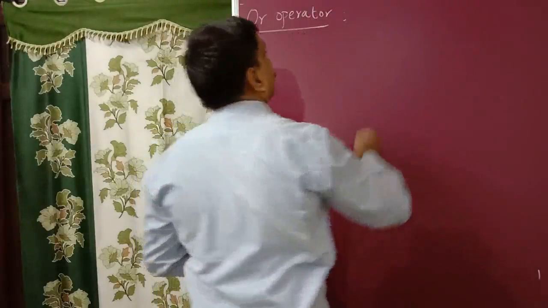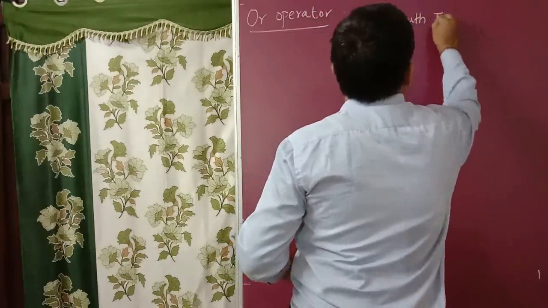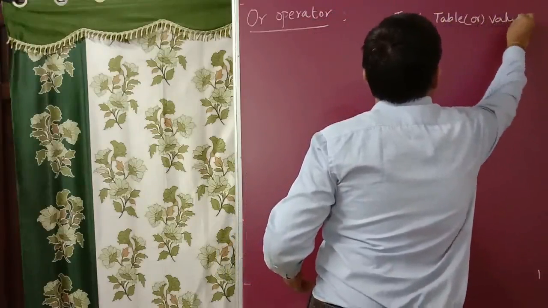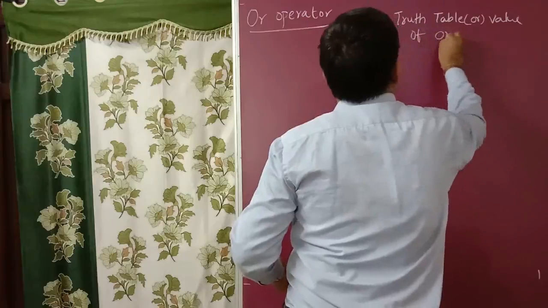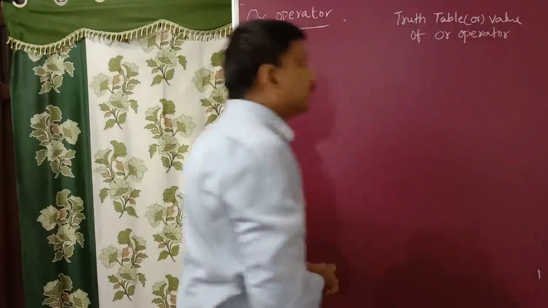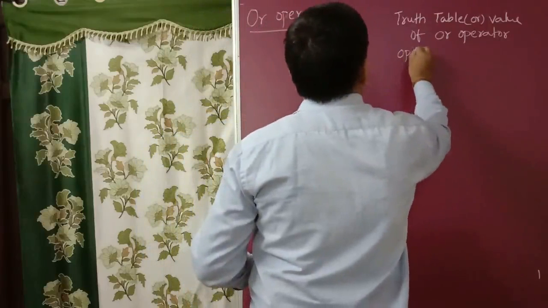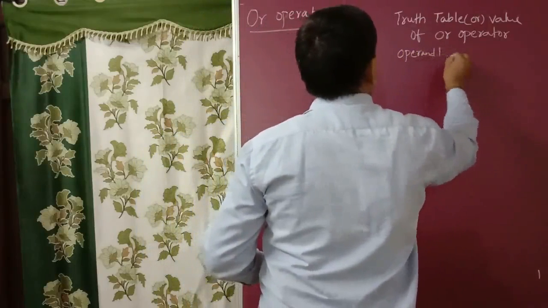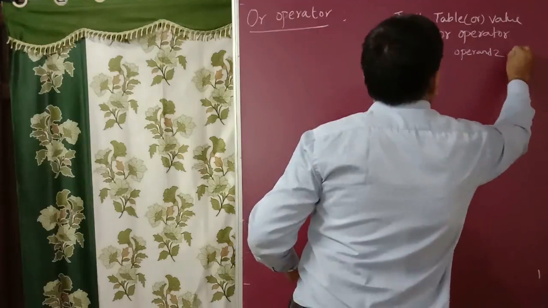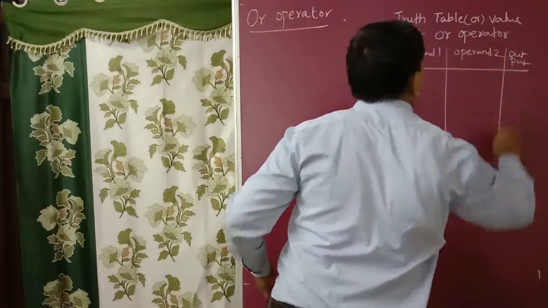The truth table, or truth value, of the or operator has operand 1, operand 2, and output.